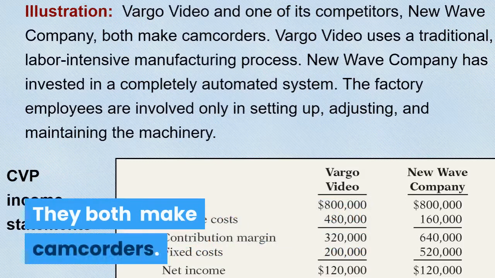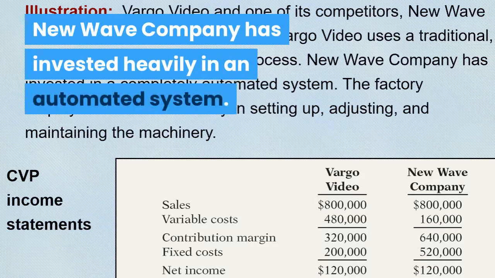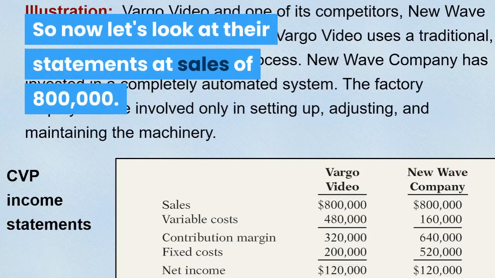An example of how cost structure affects profits. Now, this is called operating leverage. Vargo Video and one of its competitors, NewWave, they both make camcorders. Vargo uses a traditional labor-intensive manufacturing process.